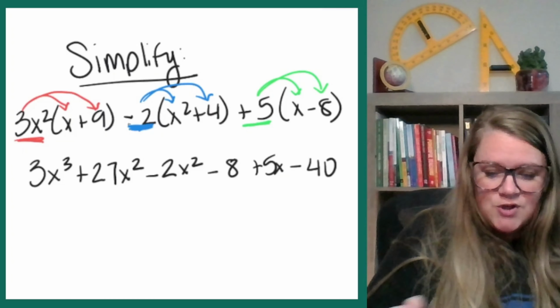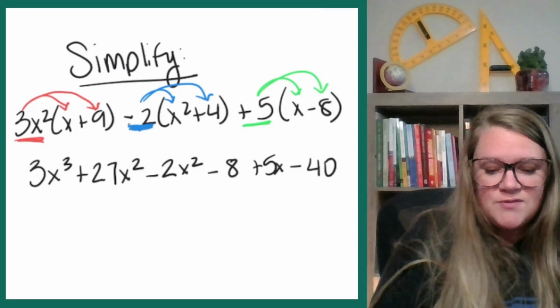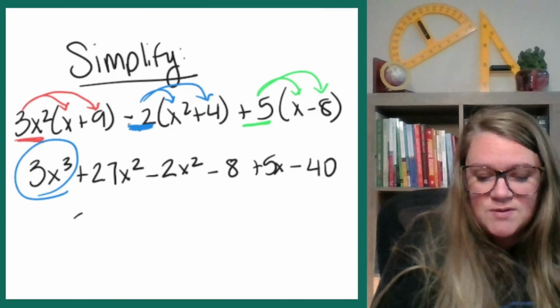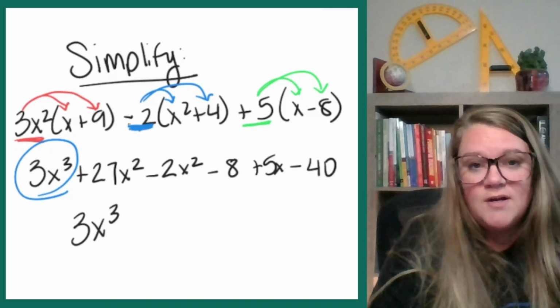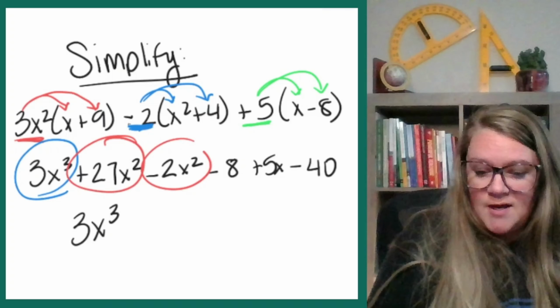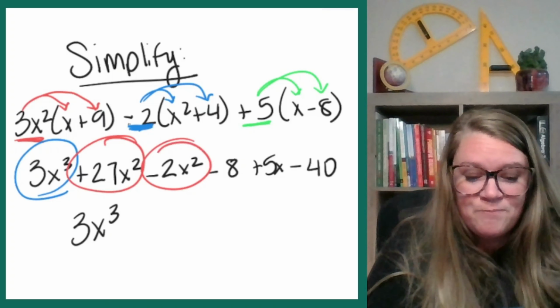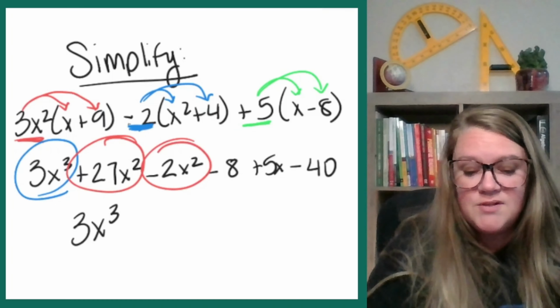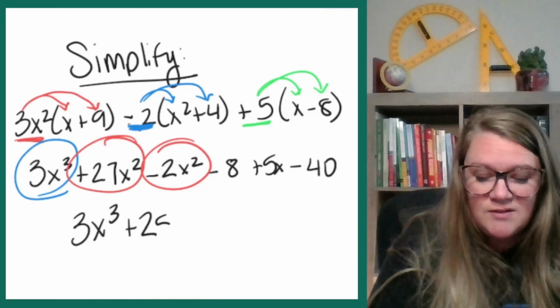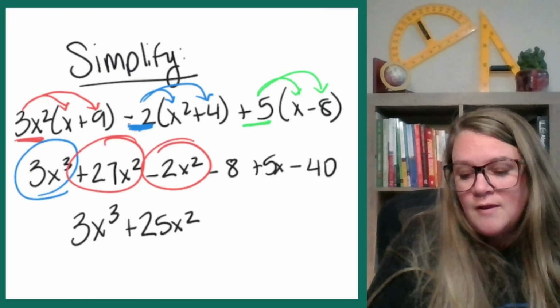terms that I have. So like terms, we have this first one is our x to the third power. There's nothing that's like that one, so that one's just going to be our first term in our answer. X squared and x squared, these ones are right next to each other. Positive 27 minus 2 will give me a positive 25 of those, plus 25x squared.